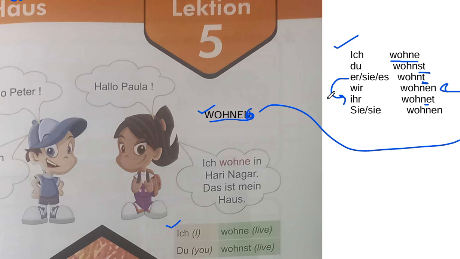If it says capital S, Sie wohnen, then it means you all, formal. And if it's small s, sie wohnen, then it is, we just learned it, they. If you do not understand this, please watch this again, because this is the basic structure for most of the words and you have to learn this table.